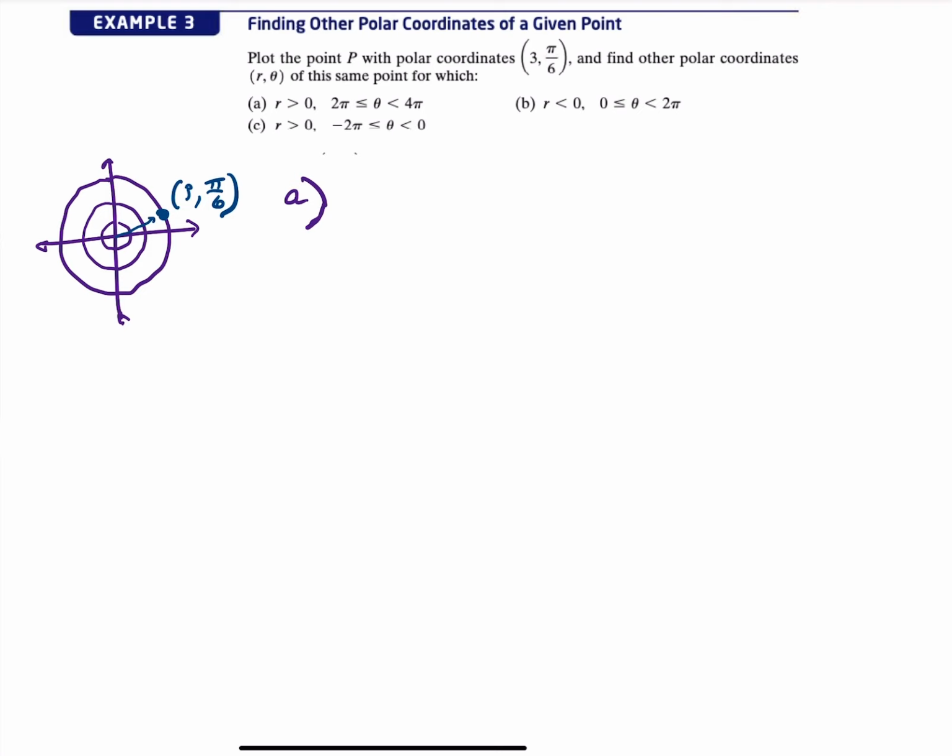So what would that angle be? Well, we can just take π/6 and add 2π to it. So that would be π/6 plus 12π/6, or 13π/6. So meaning we can describe the same point as (3, 13π/6).